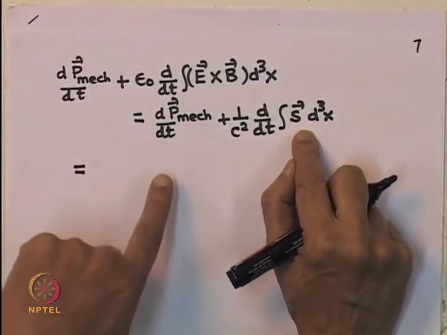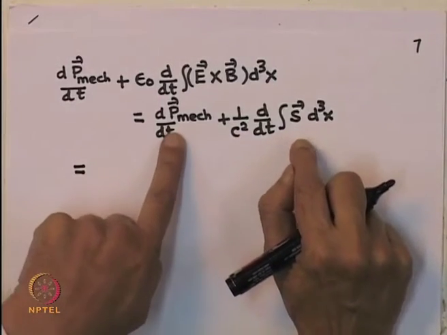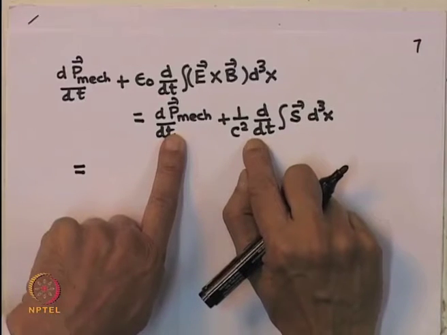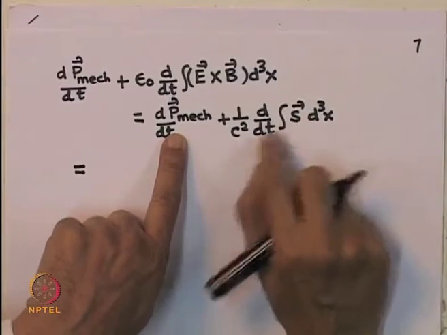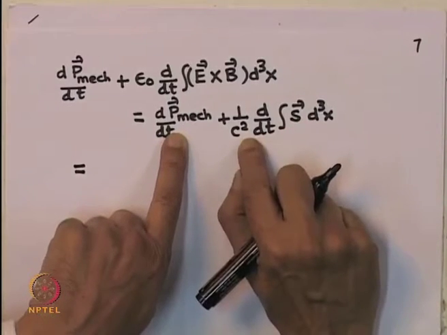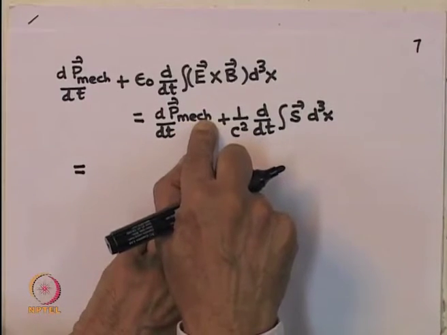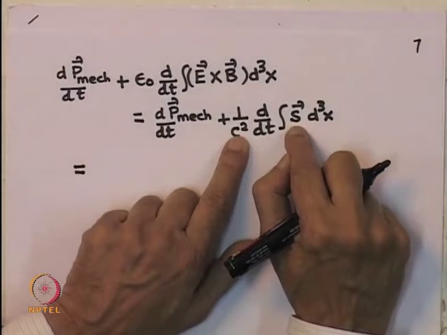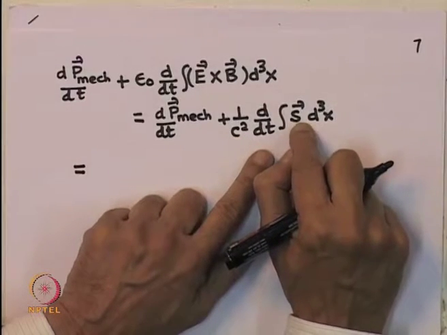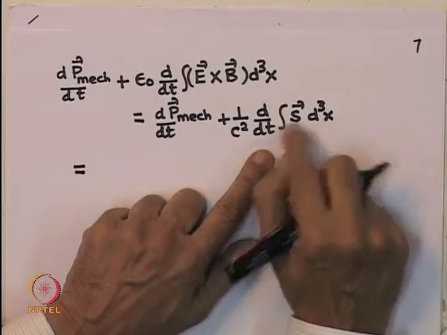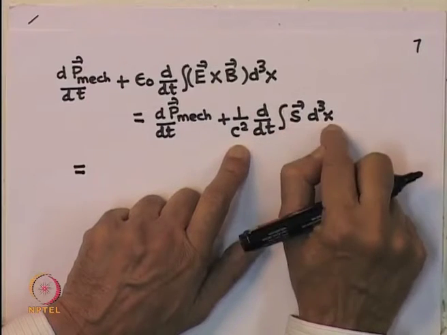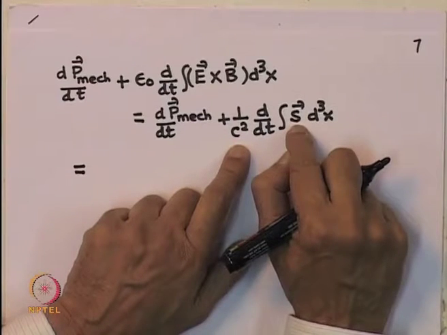See, notice that S by c square has to be electromagnetic momentum density, because after all this is momentum P mech, and so therefore, the integral of S d cube x must also have the dimension of momentum.